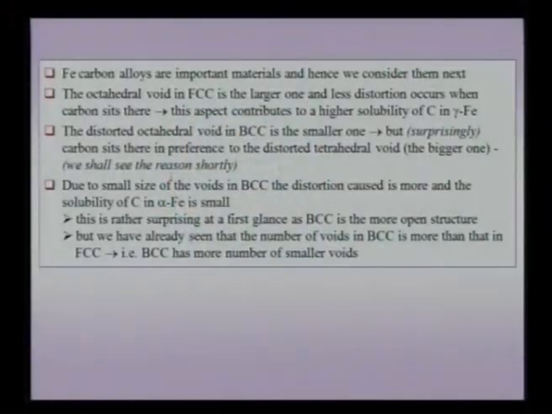But when carbon tries to sit in the BCC voids, the distortion cost is more and the solubility of carbon in iron is smaller. This is because the total space available in voids is split up into a larger number of smaller voids, and this is why the solubility of carbon in BCC iron is smaller. Of course, this is one of the reasons. There are other reasons which would come up from various other aspects that we need to consider in detail, but this is a first level understanding of the solubility of carbon in iron.